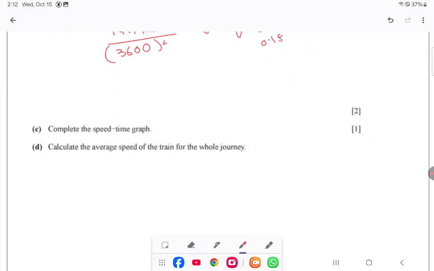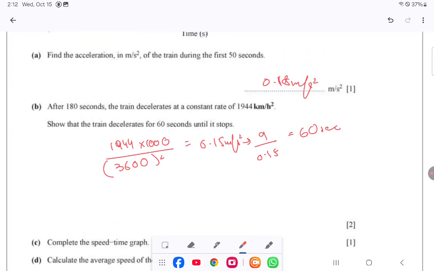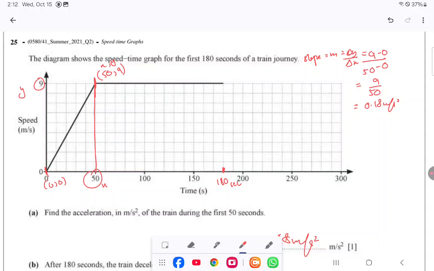Complete the speed time graph. Now for the completion, look at the graph. The given condition says that for the first 180 seconds, first we have to calculate the distance from here to here, which is 180 minus 50, equals 130.